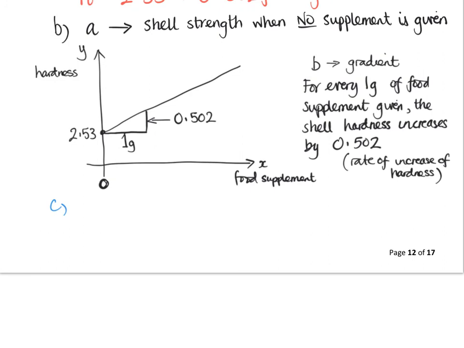So in part C, 20 grams represents extrapolation.